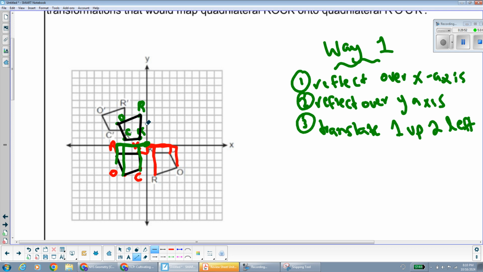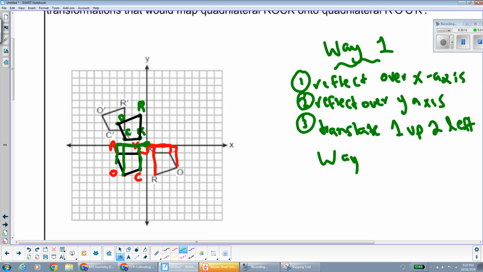And what I was doing is I was counting boxes because it does have to be equally spaced from the center. So I was counting boxes to make sure my points were equally spaced so I could get an exact rotation. And now I can see that I will still require a translation of 1 up and 2 to the left. So I'm going to write this down here.